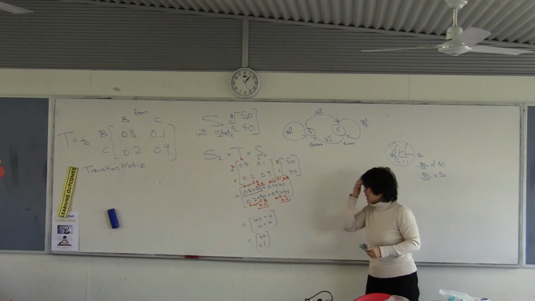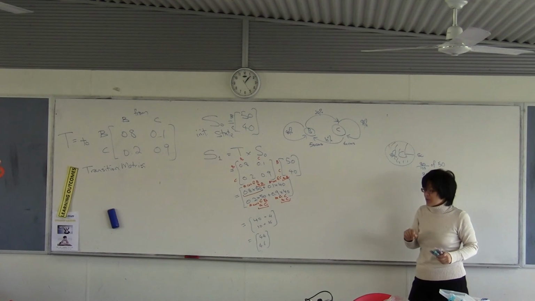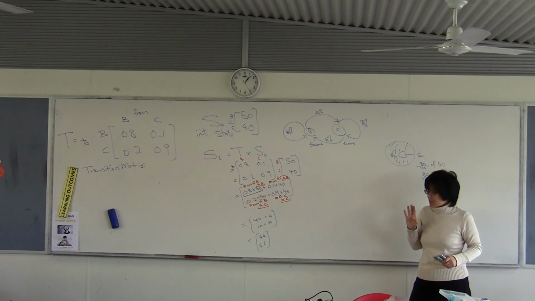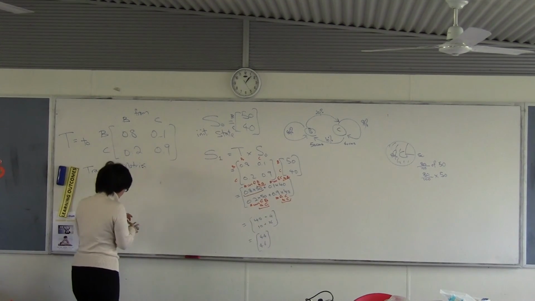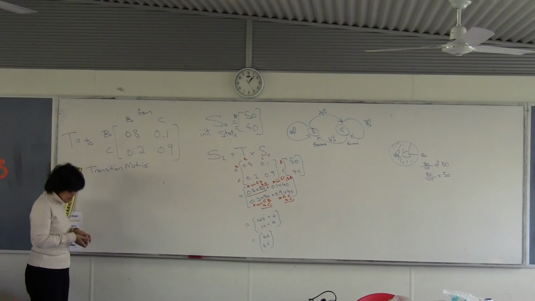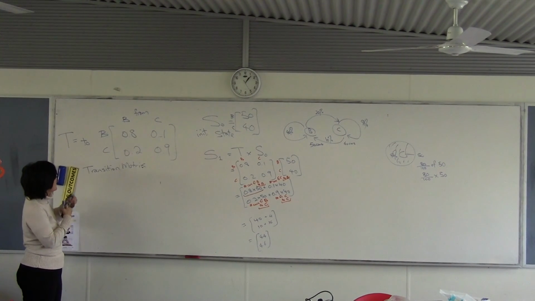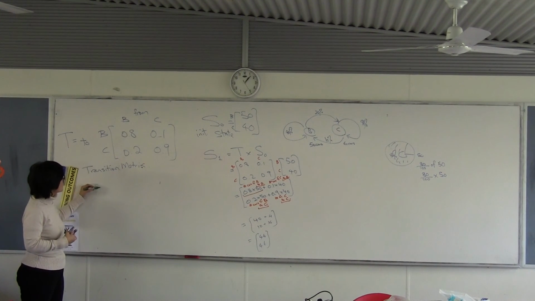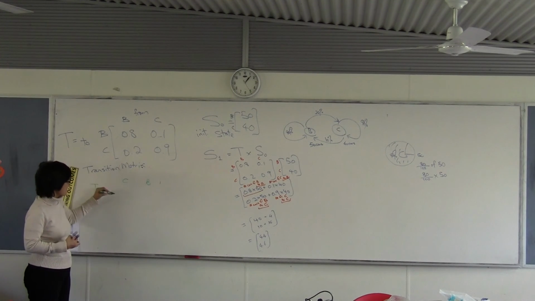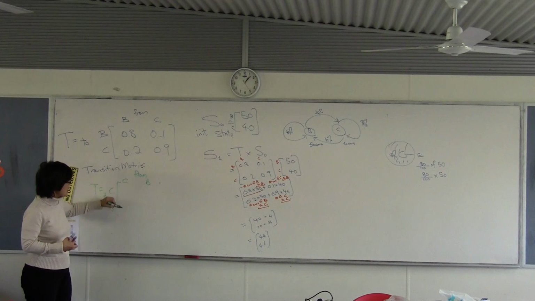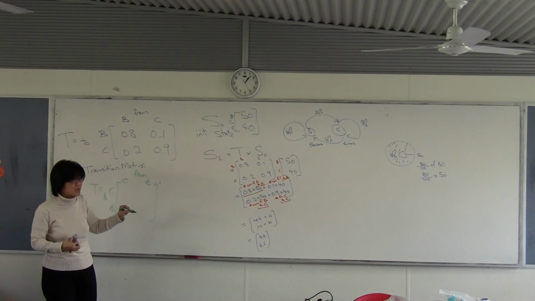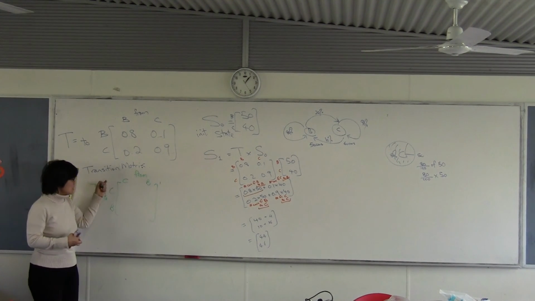Okay? So now I've got 2 additional questions which are not in the textbook. First one, the one in green. If I change the transition matrix, I need you to do it in your books so that every single person practices themselves.